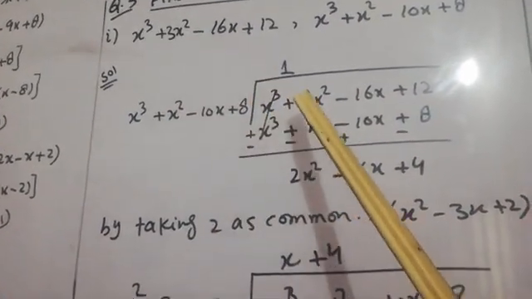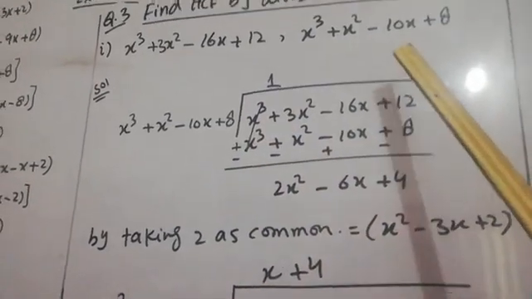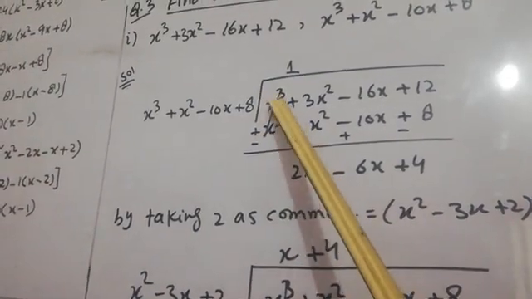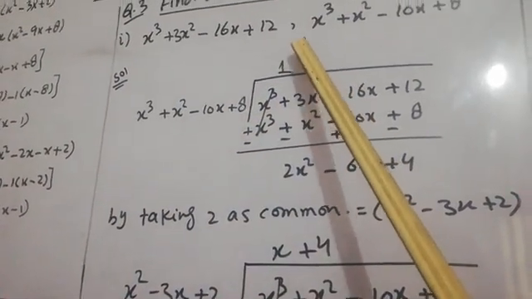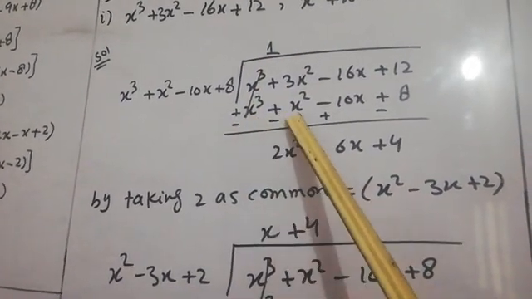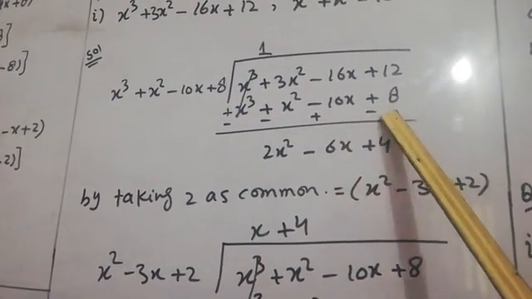So we will write the greater value as the dividend and the smaller value as the divisor, and we will divide. Since the leading terms are the same, we will multiply this expression by 1 and write the values here: x cube plus x square minus 10x plus 8.